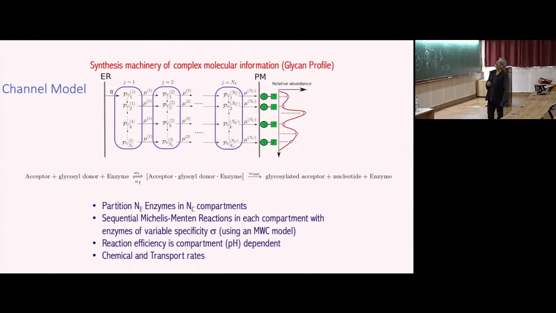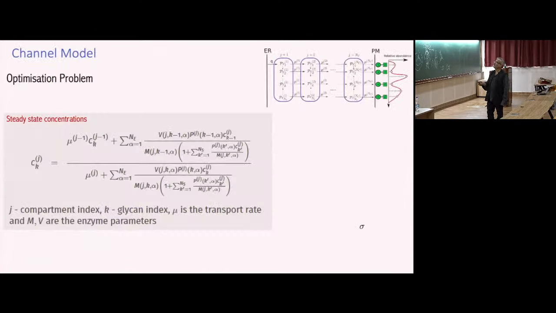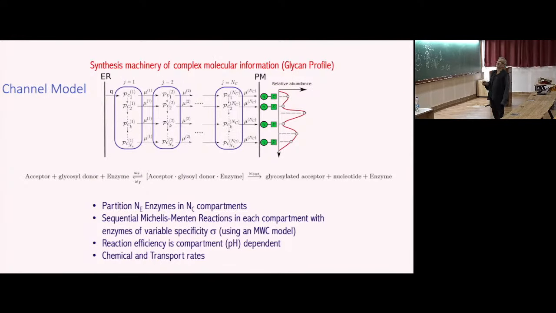Okay, so now we have completed, I think, that's it. We have completed the description of the channel. The channel properties are prescribed by partitioning Ne enzymes in Nc compartments, by providing a sequential Michaelis-Menten reaction in each compartment with enzymes of variable specificity, which uses the MWC or elastic model. We then provided the chemical reactions in the last chemical reaction kinetics shown in the last slide.